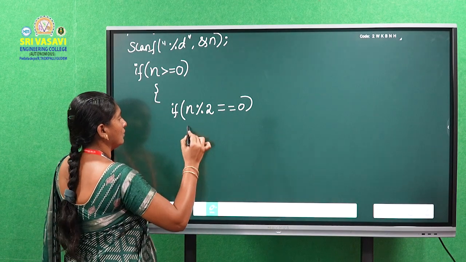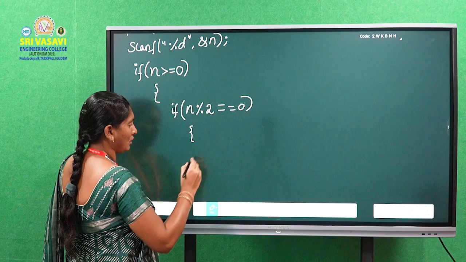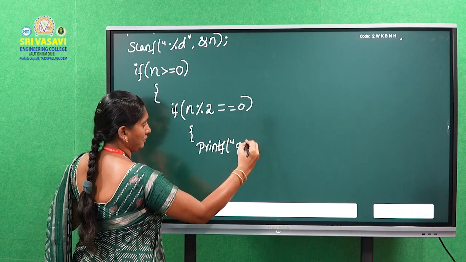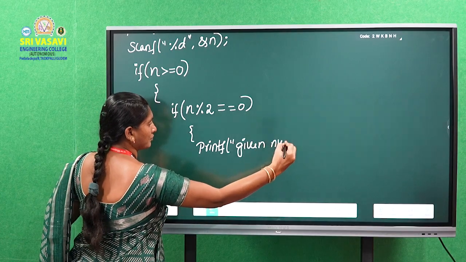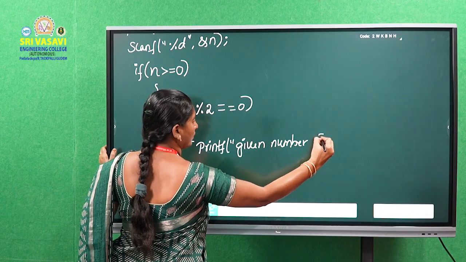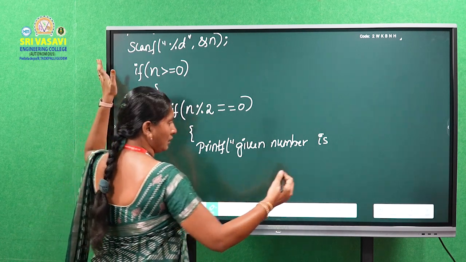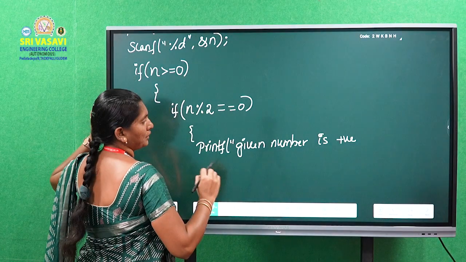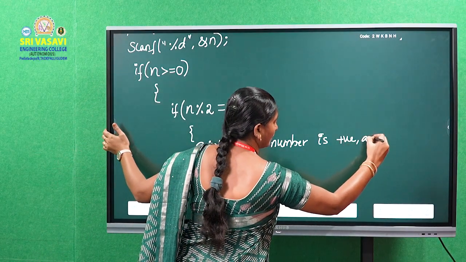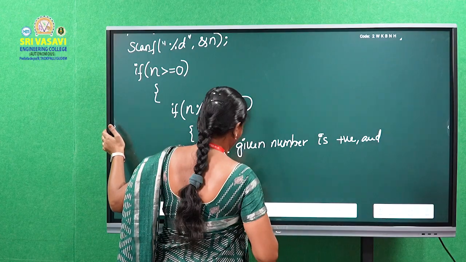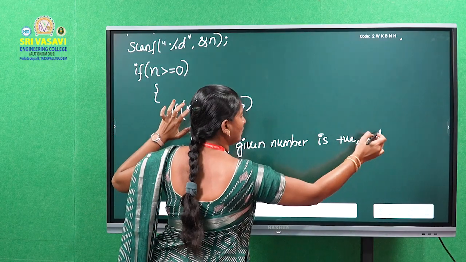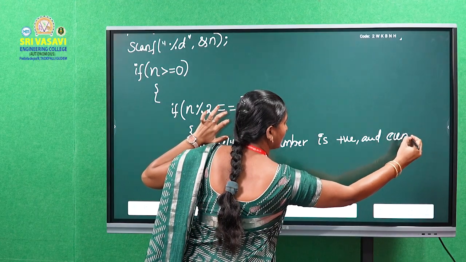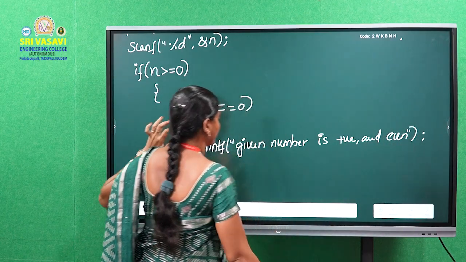So if this condition is also true, we can say the given number is, initially the condition is true, the number is positive, and now we can say positive and the number is even.